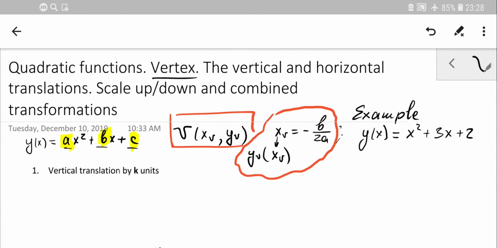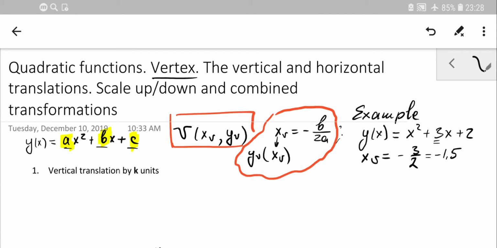Okay, so we look for the vertex. Right now we just need to calculate the x vertex coordinate according to the formula negative b over 2a. In our case, b is 3, so we take negative 3 and divide by 2 times 1, because a is 1. So we have negative 1.5.